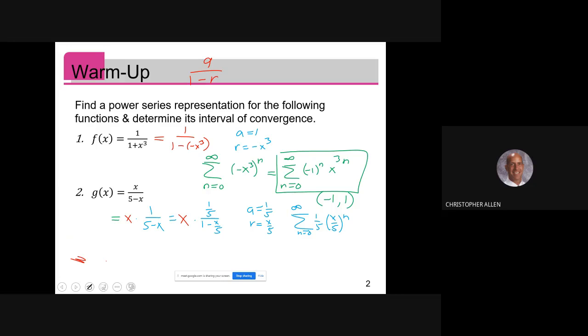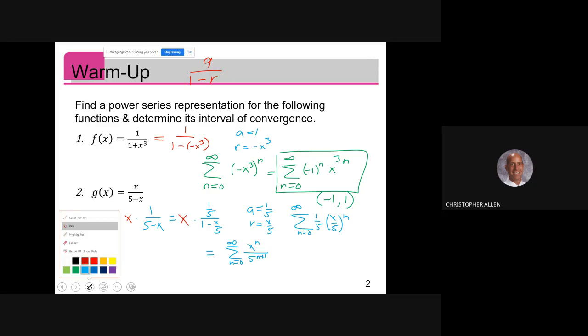We can clean that up a little bit here, and that moves this guy out of the way. That denominator, instead of being 5 to the n, I can say it's 5 to the n plus 1. So this is the summation of n equals 0 to infinity of x to the n over 5 to the n plus 1. Oh, but don't forget that there's an x there.